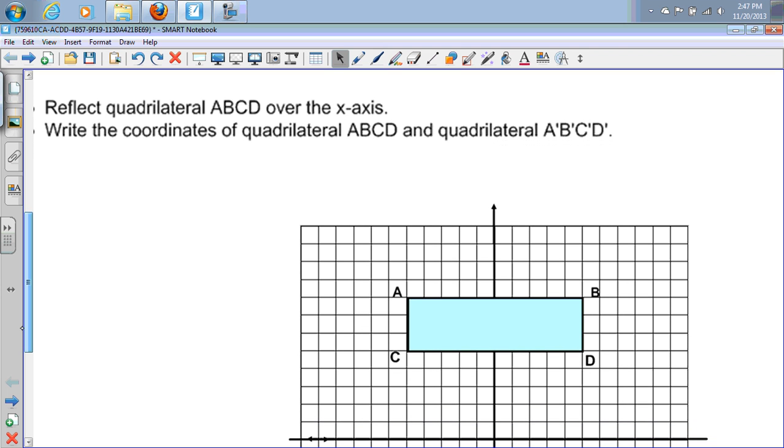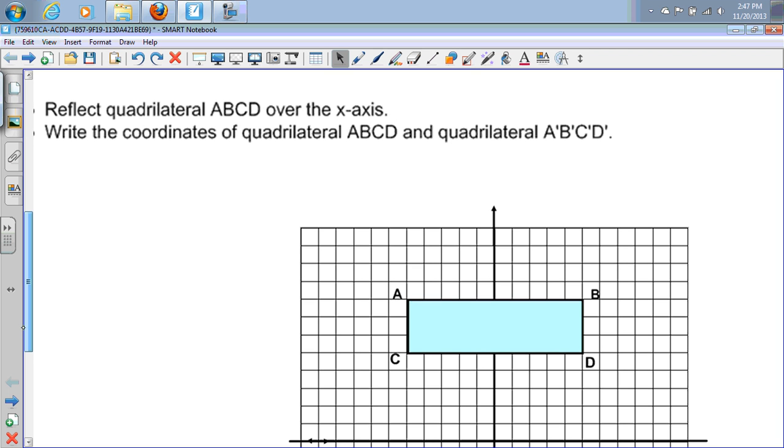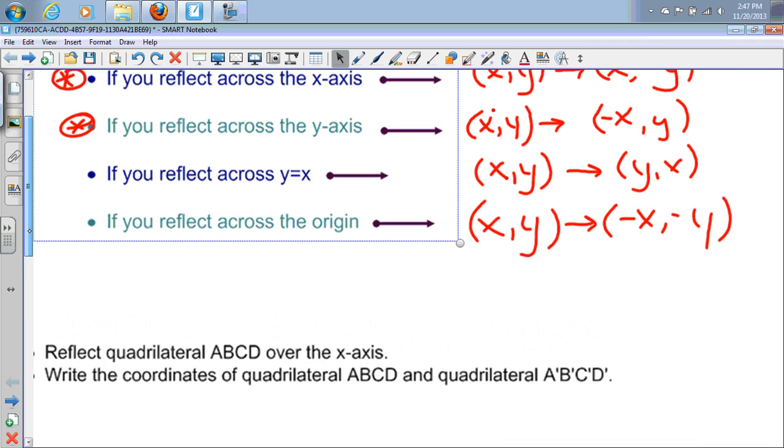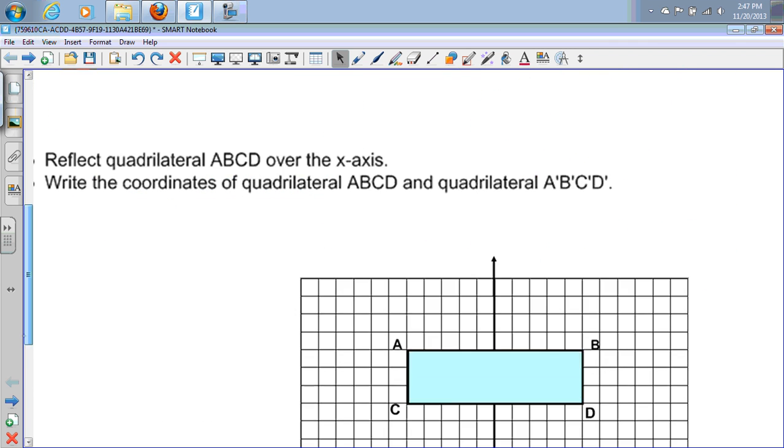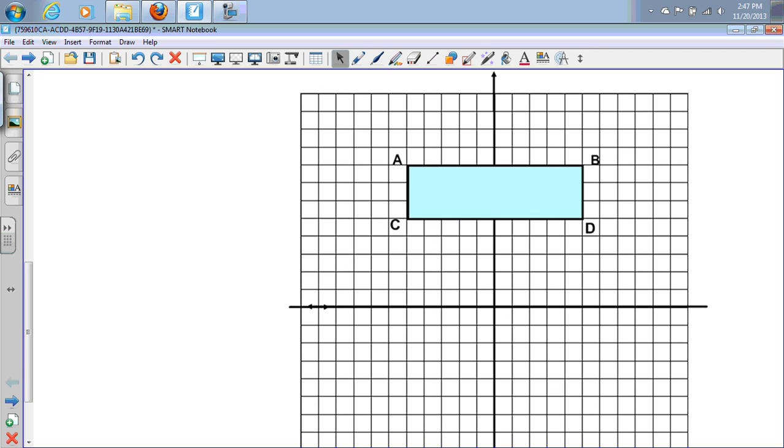Take quadrilateral ABCD and reflect it over the x-axis. Write the coordinates for quadrilateral ABCD and quadrilateral A prime, B prime, C prime, D prime. Okay? If you get confused, you can always go back and look at the rules here, or you can just take quadrilateral ABCD and you're reflecting over the x-axis, so the red line is your mirror.